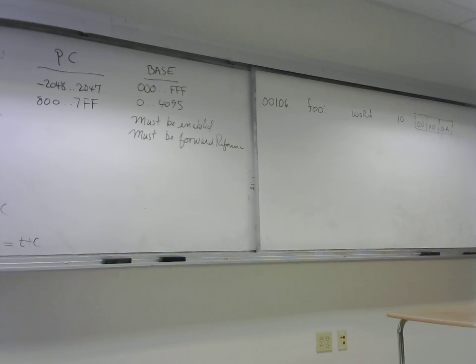What is the value of foo? No, this is the point I want to make. What is the value of foo? The value of foo is 00106. The value of foo is not 10. This is a mistake. This is an error.